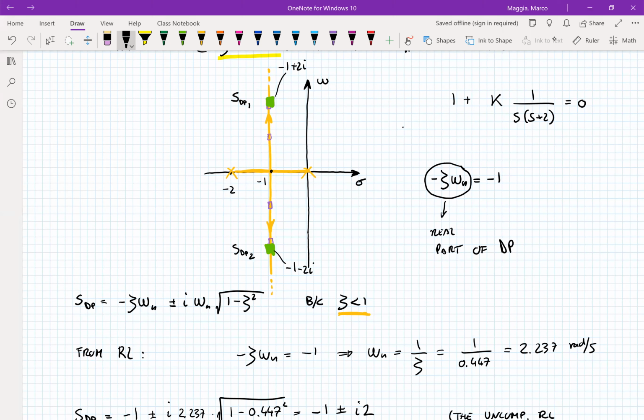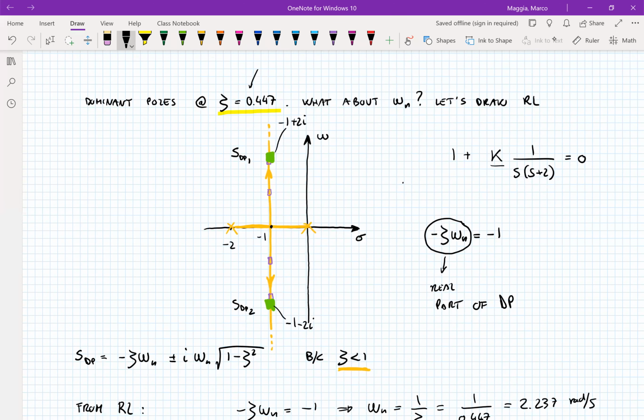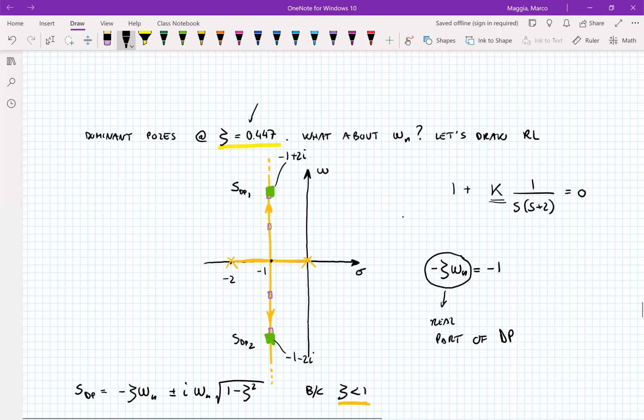Now, in order for the uncompensated system to meet the requirements, we said that the value of k has to be equal to 40. So if we land on the dominant poles for k equals 40, then we meet both requirements and we're golden. However, this is going to be a coincidence if it happens. Most likely it won't happen.